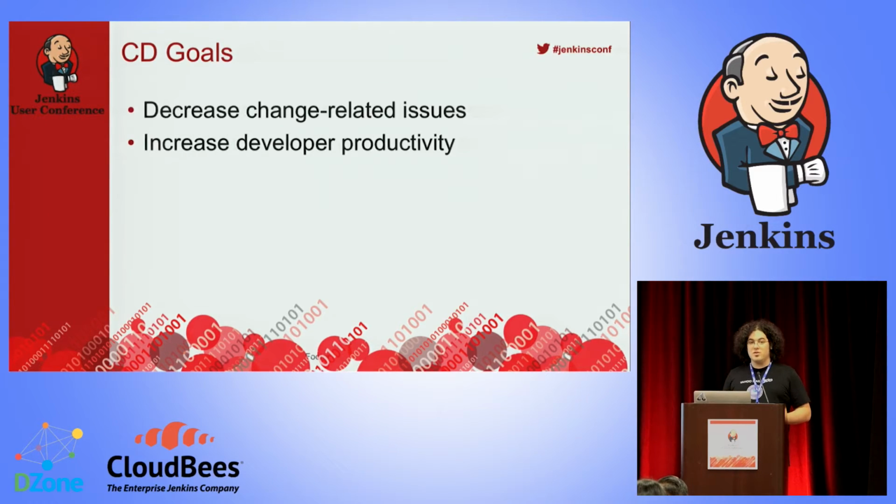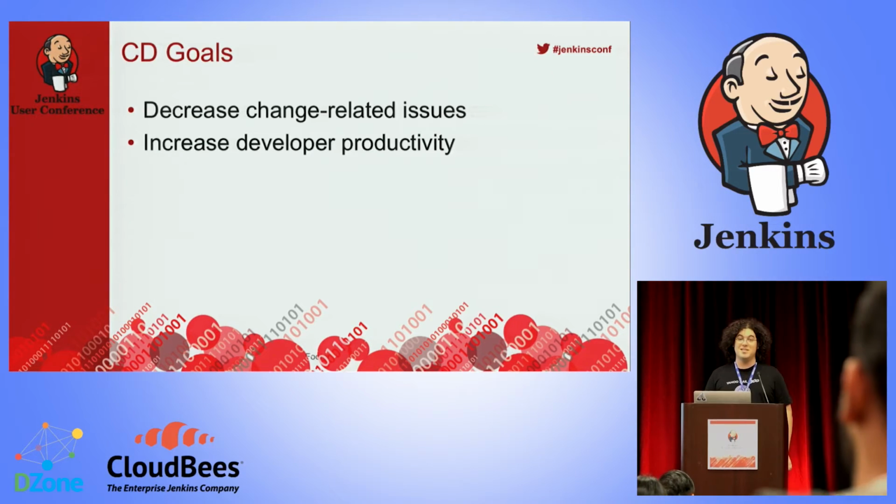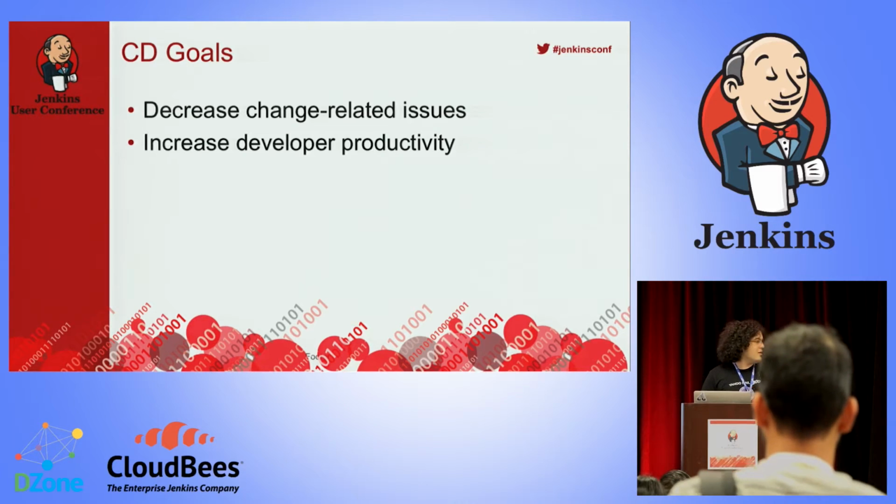To achieve these goals, our CD pipeline went through, you can think of it as, 3 phases. Today we're on the 3rd phase, but to understand how we got there, we'll have to start at the beginning. So to present phase 1 of the Yahoo Mail CD pipeline, I'll let James take over. James?